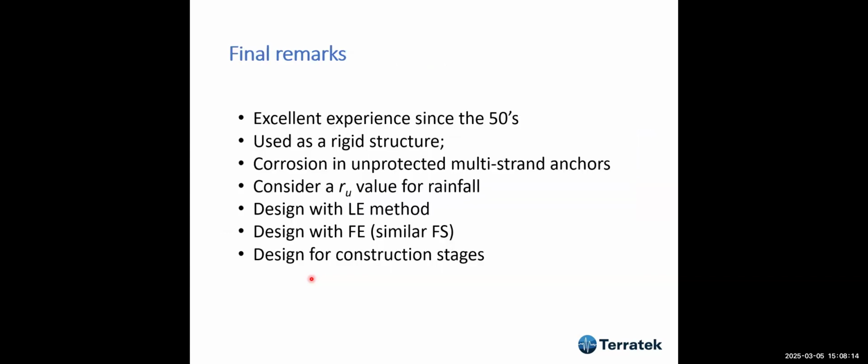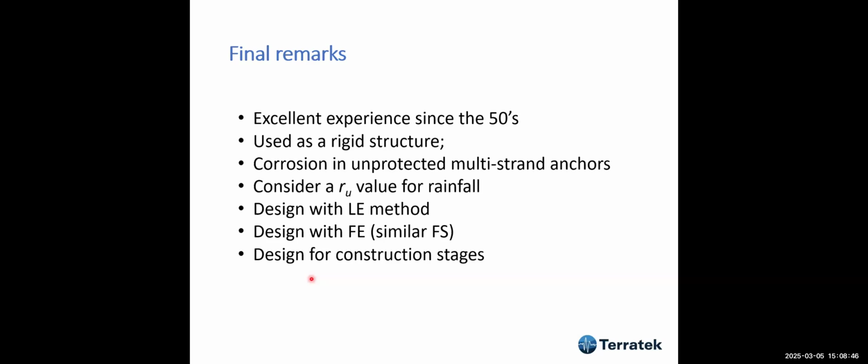So, final remarks. I'd like to say excellent experience since the 50s, used as a rigid structure. Corrosion in unprotected wood strand anchors may be a problem. Today you have a solution for that. Dywidag, as I've shown you, has a very good solution. Something very important, which I have talked about in another class: always, if you have the possibility of a rising water level, you have to consider an RU value for rainfall.